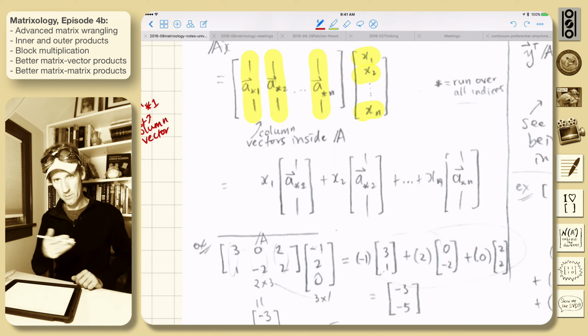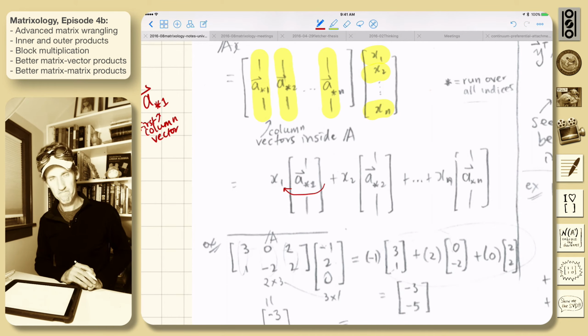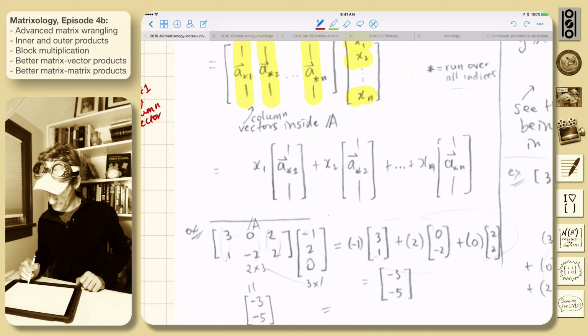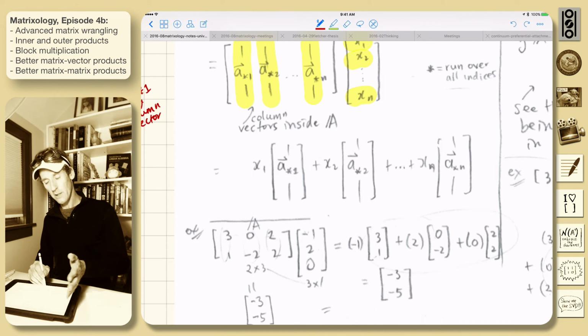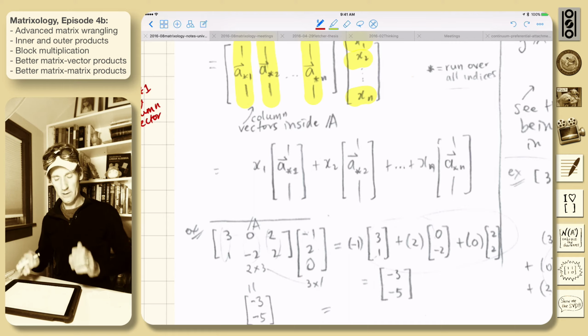But because it's just a number, we can slide it over to this side. This is what we were doing with Ax equals b. It fits in with this bigger picture of matrix multiplication. So now we get x1 times the first column, x2 times the second column, x7 times the seventh column, and add them all up. And this is a better way to think about things.